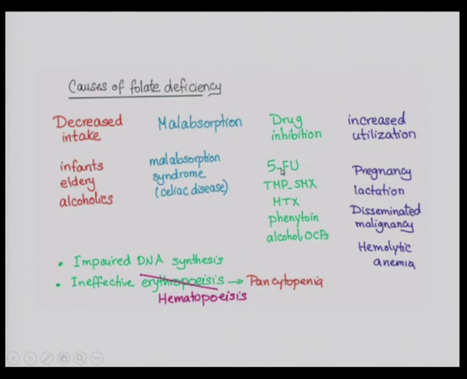So you see drug inhibition: 5-fluorouracil, trimethoprim and sulfamethoxazole, then you have methotrexate, then you have phenytoin, and oral contraceptive pills. So the first one is an anti-cancer drug and this one is, I would say, an antibiotic acting on the folate pathway, then again an anti-metabolite which is an anti-cancer drug.